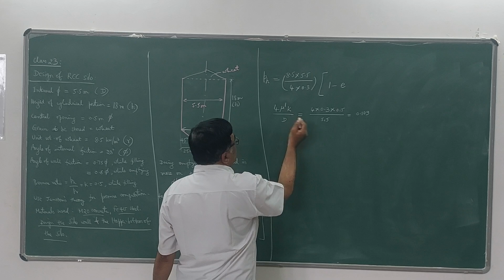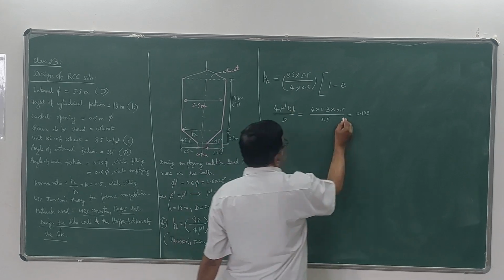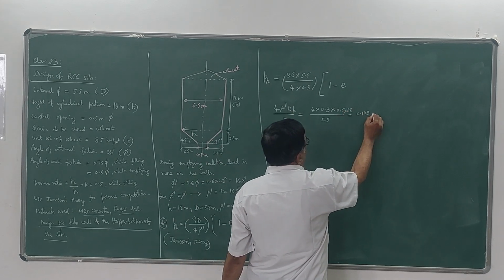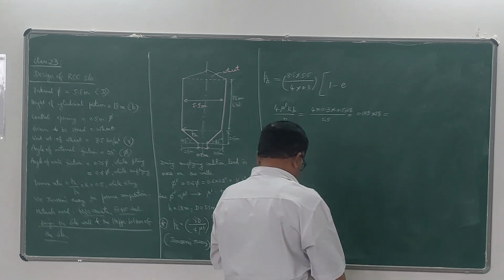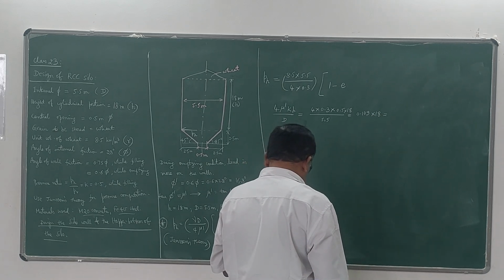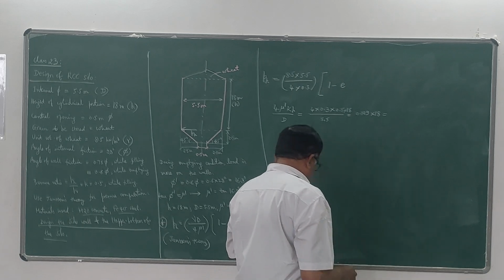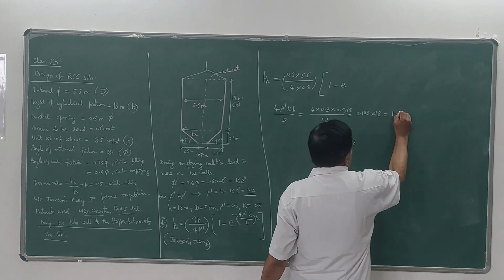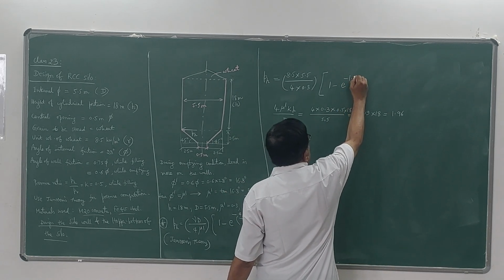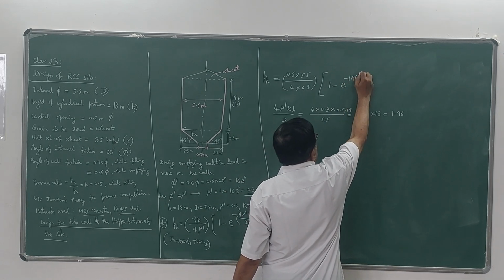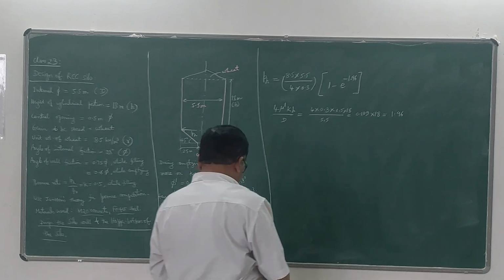So that multiplied by H will be there. So this multiplied by H, H is 18, so I will take into 18. So this comes out to be 1.96. So you can take it as minus 1.96 then. So now let us simplify this.